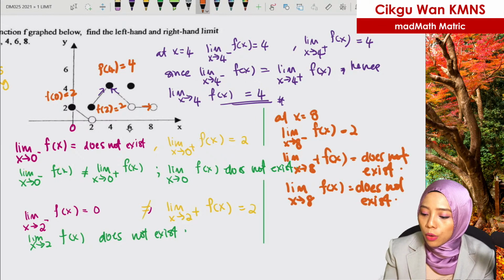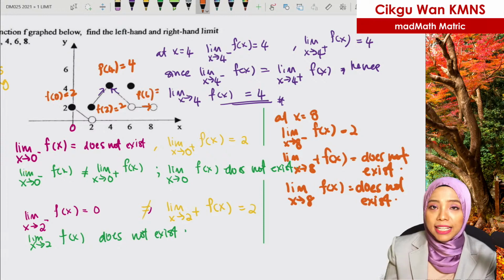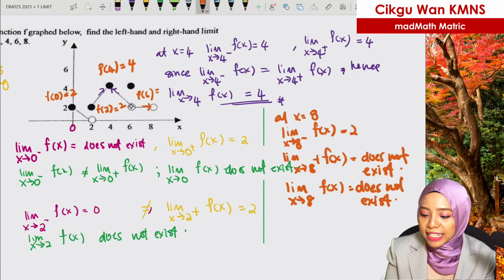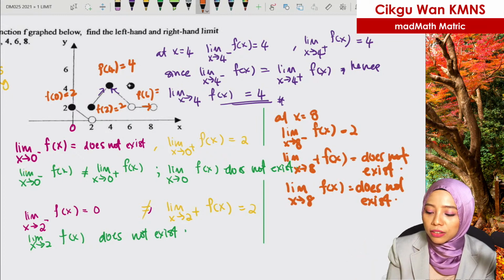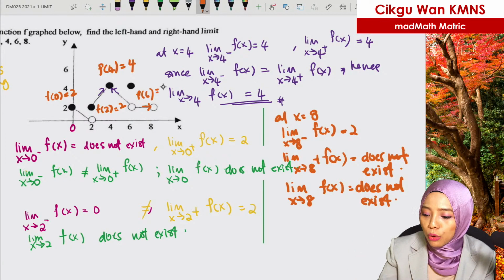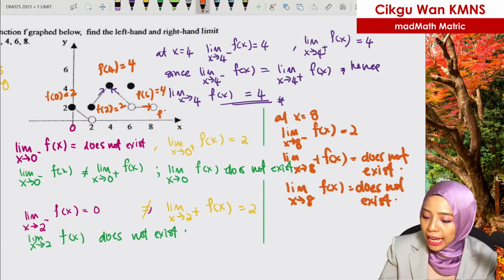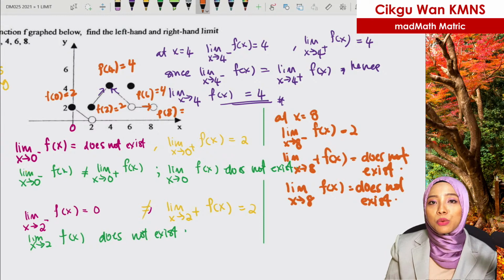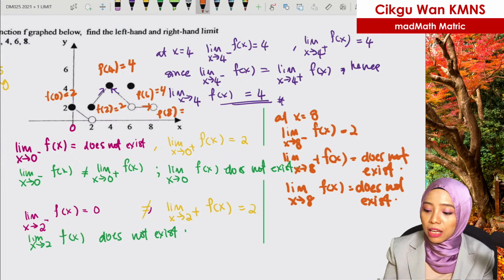Okay, how about f(6)? Look at here. This is an empty circle, but it's covered by the dot on top. So it equals 4. What happened at x equals 8? Not defined. There's no value, because it's an empty circle.